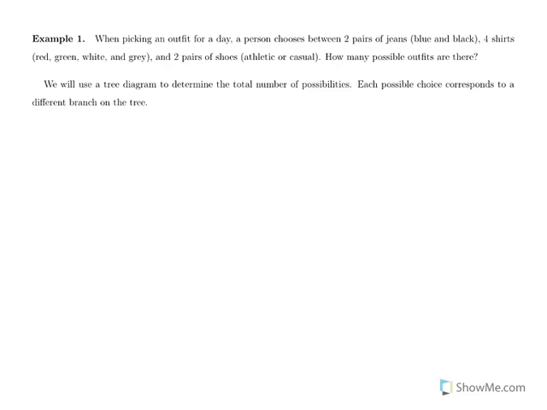So one way that we could do this is we could use a tree diagram to help look at all of the different possibilities. So we'll start with the idea of your choice for jeans, 2 pairs of jeans. You could either get blue jeans or black jeans. From that point, then after you pick your jeans, you need to pick which shirt you're going to use.